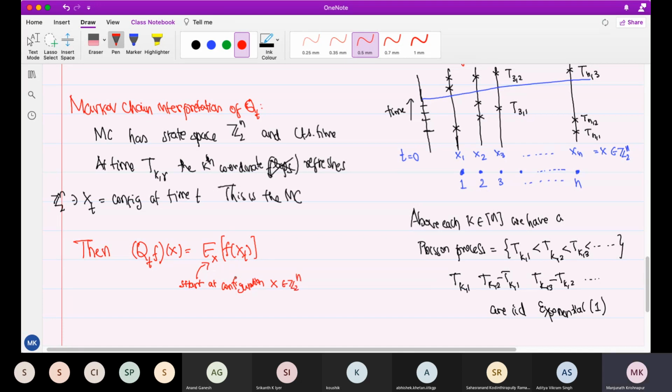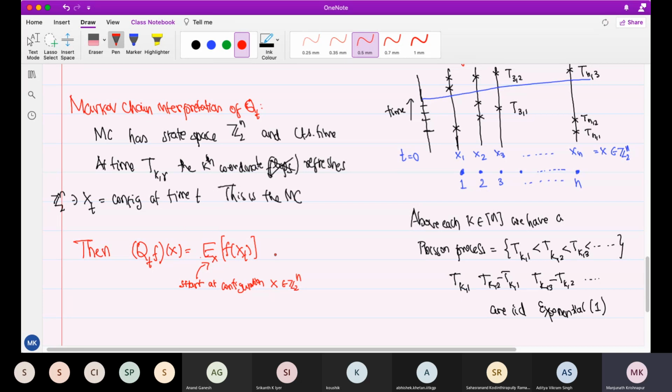Suppose your starting point is some little x_1, x_2, ..., x_n, and you run this Markov chain up to time t and look at what you get. That is a random thing, x_t. So you take the expected value of the function at that point. That gives you a function of the starting point.